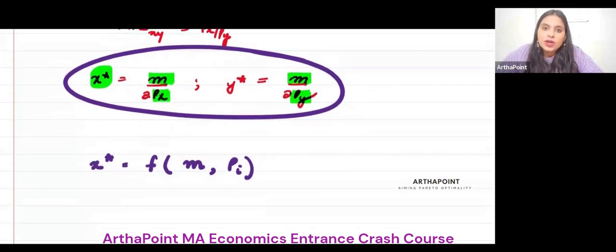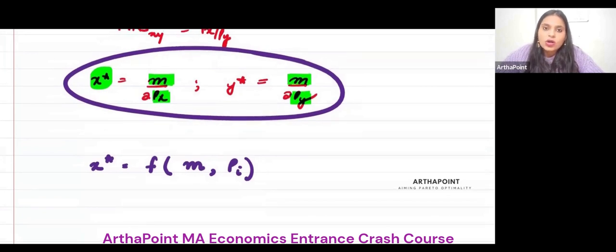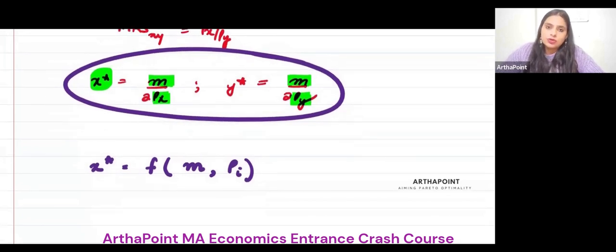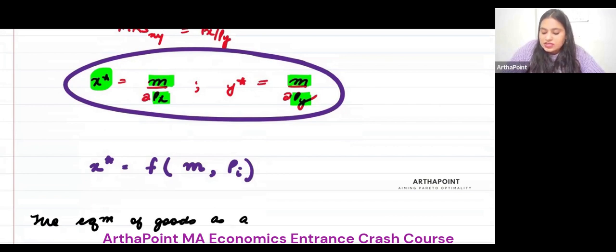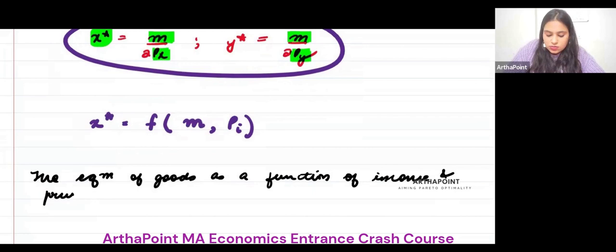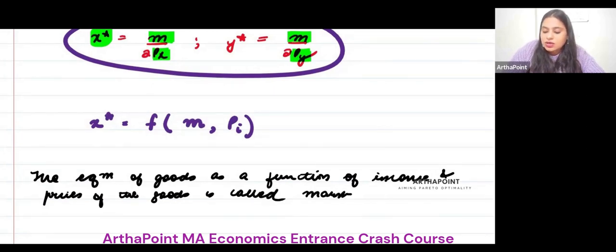Such an equilibrium is called Marshallian equilibrium. Please write that down. The equilibrium of goods as a function of income and prices of the goods is called Marshallian demand function.